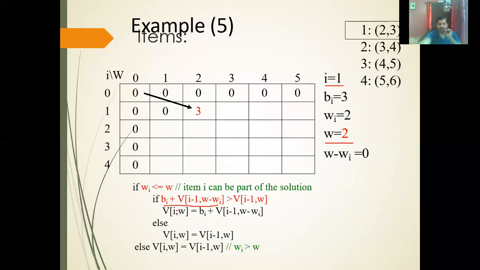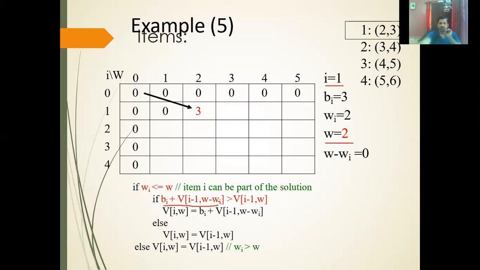This B of I, what is B of I? 3, plus V of I minus 1. I is 1, 1 minus 1, 0. W minus Wi. W is 2, minus Wi, 2 minus 2, 0.